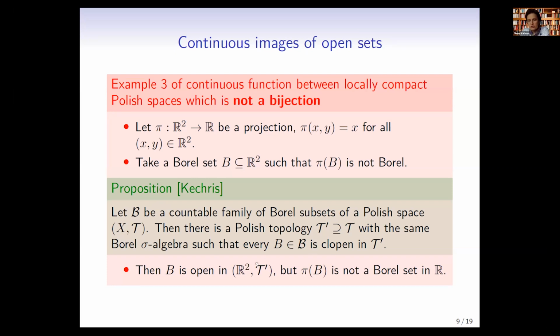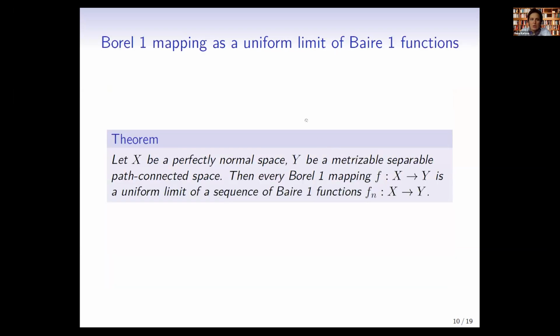And in this new topology on R2, the set B is open, but the image under this continuous, but not bijective, function is not a Borel set. So all three conditions on X and on the function f, we cannot omit.